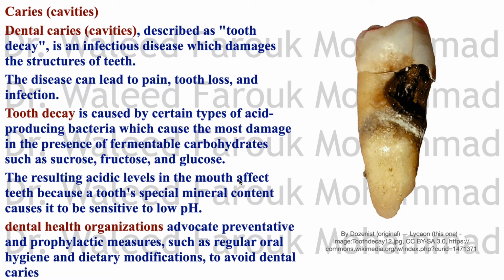In the presence of fermentable carbohydrates like sucrose, fructose and glucose, these cells thrive, and this results in acidic levels in the mouth that affect the teeth, because the tooth's special mineral content makes it sensitive to low pH, which, as mentioned before, is neutralized by the saliva.